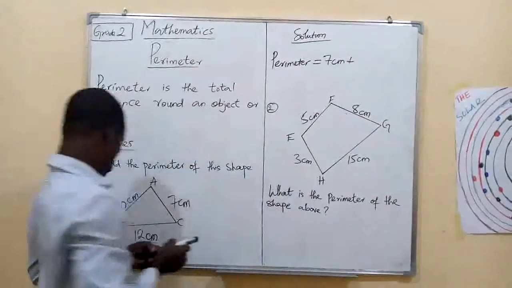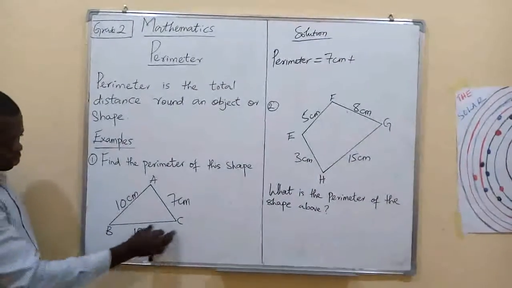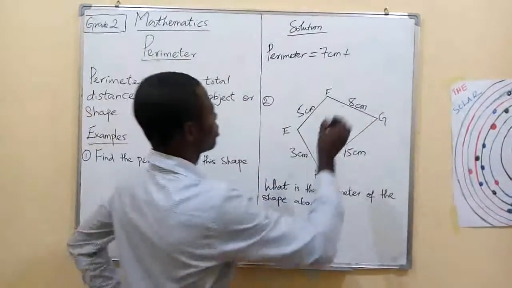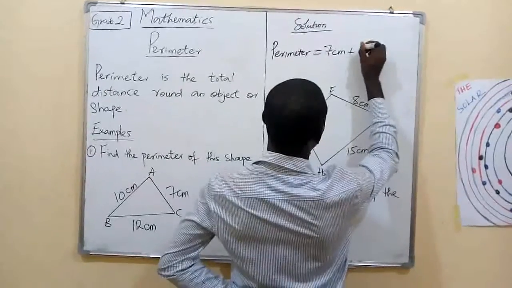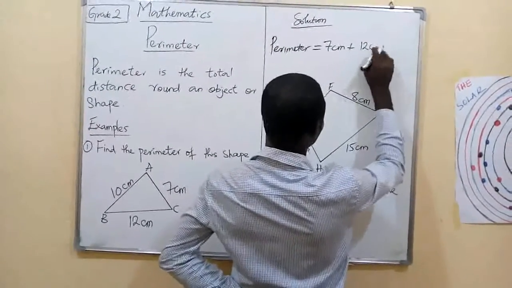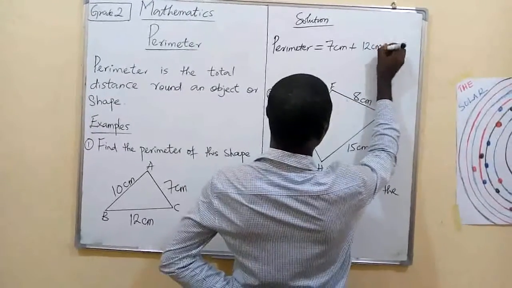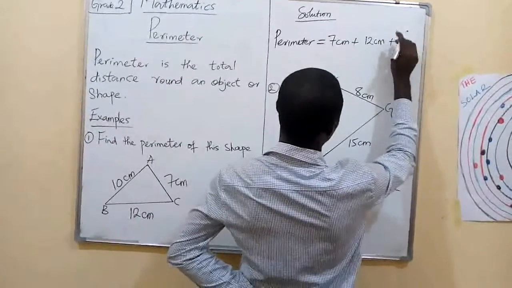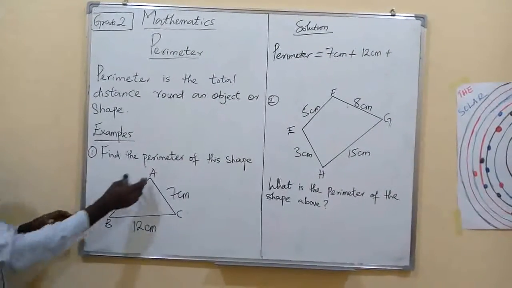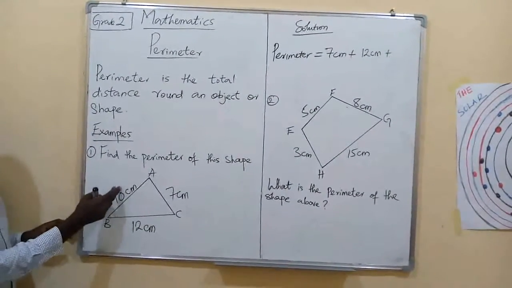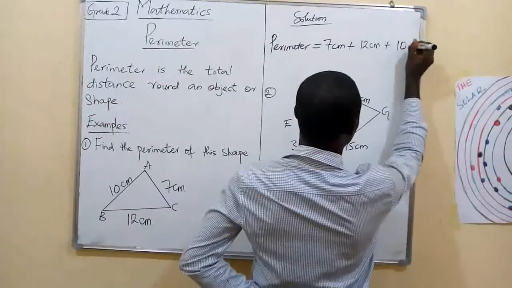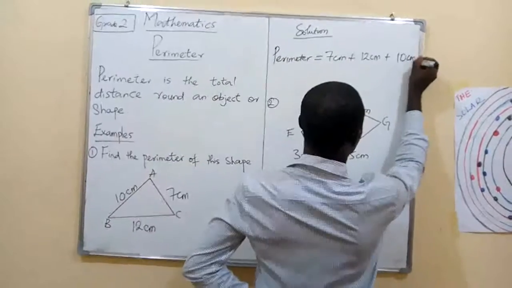Plus, our BC is what? 12 centimeters. 7 centimeters plus 12 centimeters, where cm stands for centimeters, plus, what do we have there? AB is what? 10 centimeters.